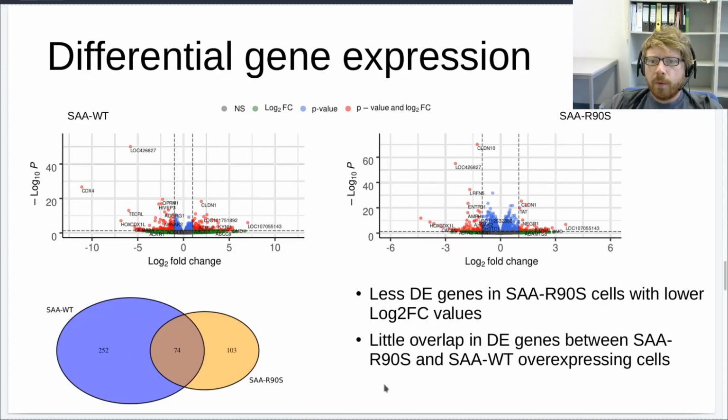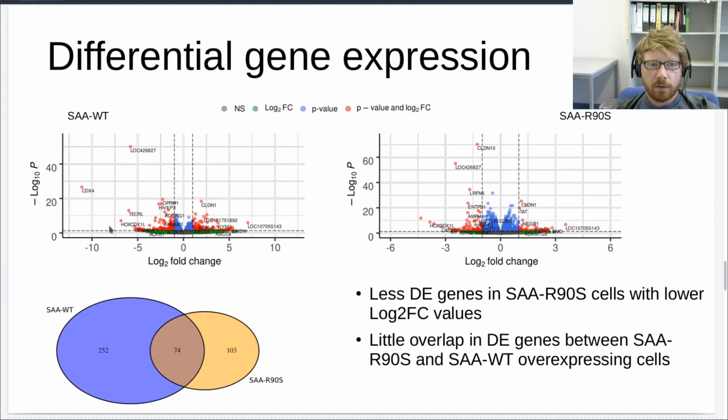So we were interested in the downstream effect of this R90S mutation. So we ran RNA-seq on the two cell lines, and one striking difference between the two groups was the general strength of expression.